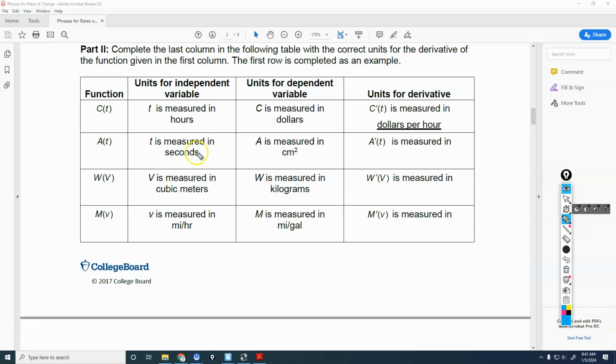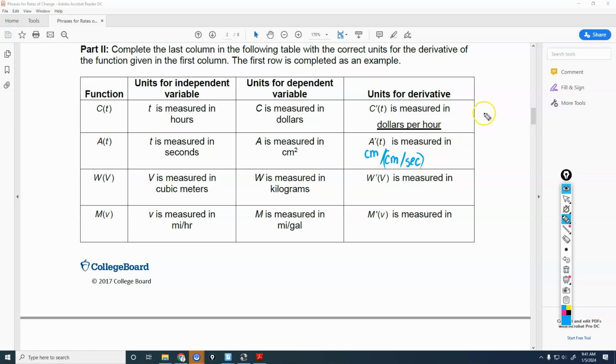Okay, for A of T, Luke, what have you got? Centimeters over centimeters over seconds. Let's see. So you got centimeters over seconds. I don't think that works.